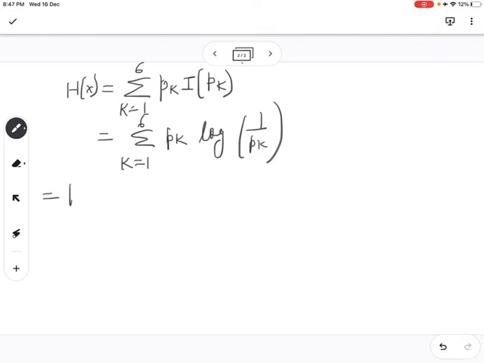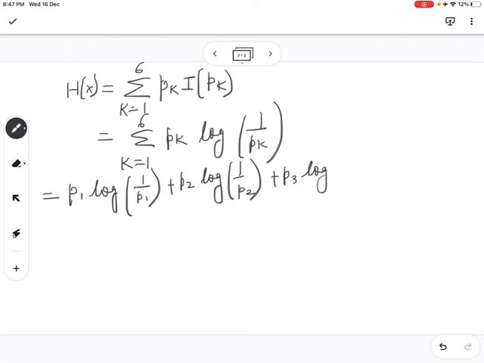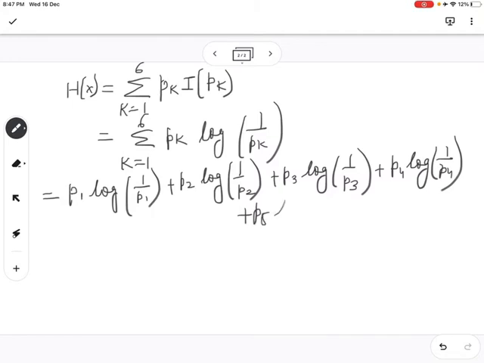First probability p1 log 1 upon p1 plus p2 log 1 upon p2 plus p3 log 1 upon p3 plus p4 log 1 upon p4 plus p5 log 1 upon p5 plus p6 log 1 upon p6. It is like this.